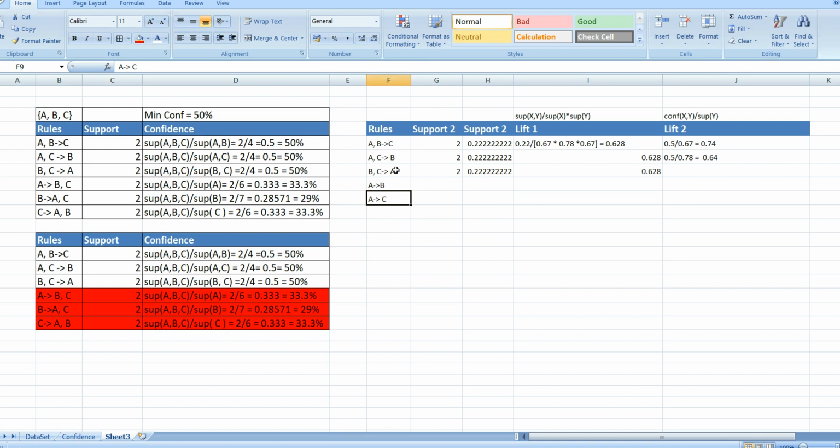So we can also go ahead and create more possible rules from the ones that are frequent, and then proceed to do some calculations where we can also say B on itself drives A, and B drives C. We can also do C drives A, and just remove this formula there.